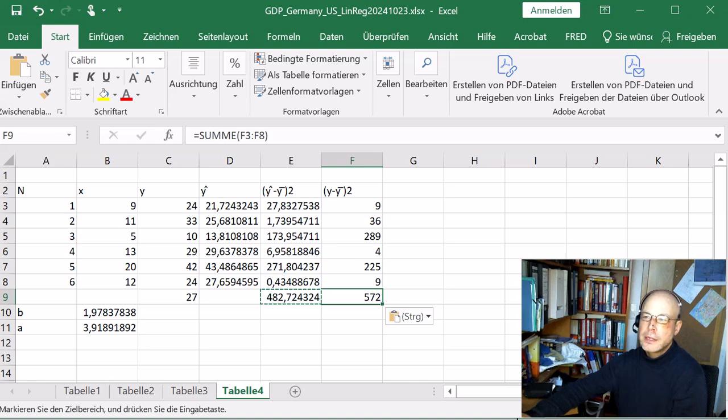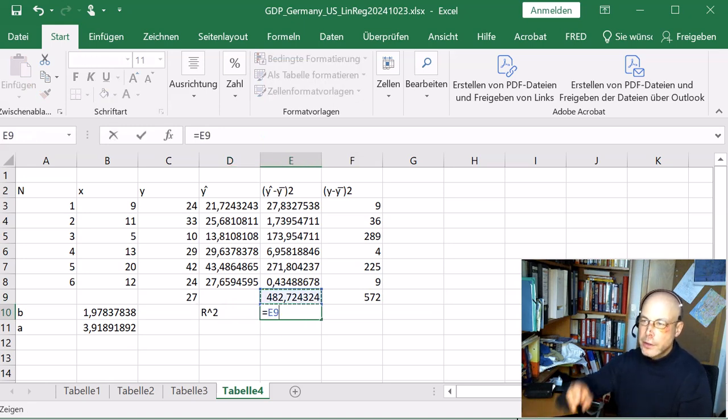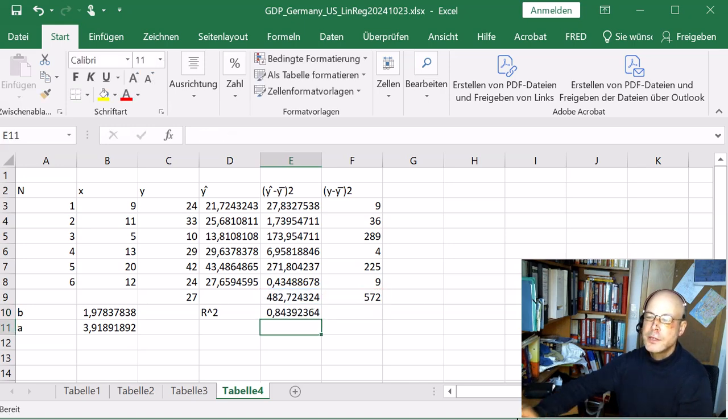So, r squared would be then explained over total, which is 572, sorry, over 572.